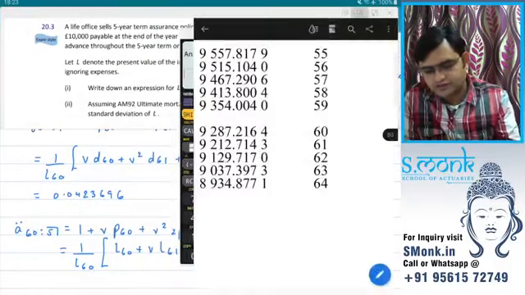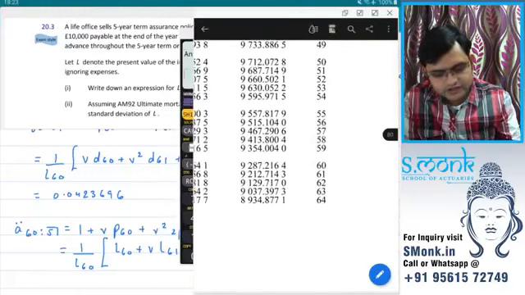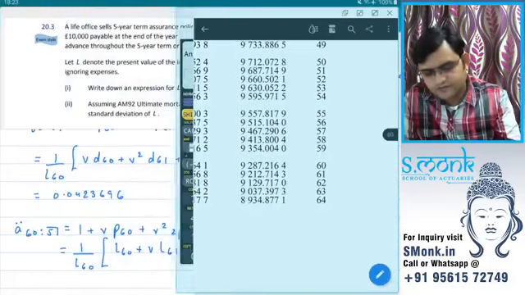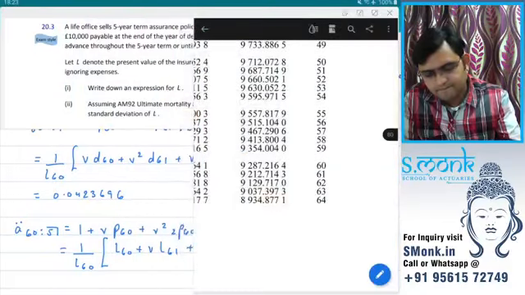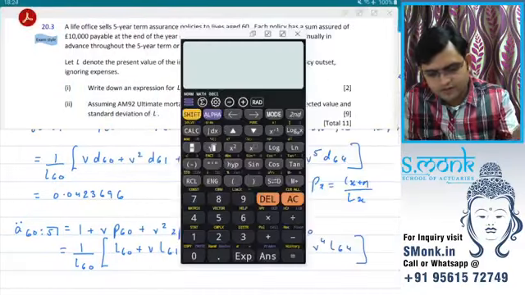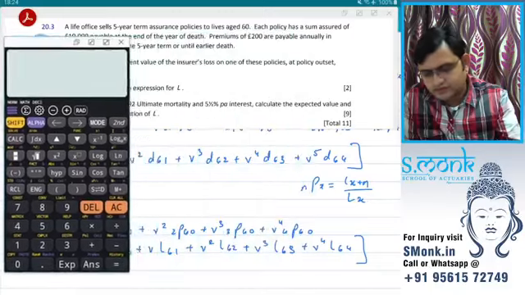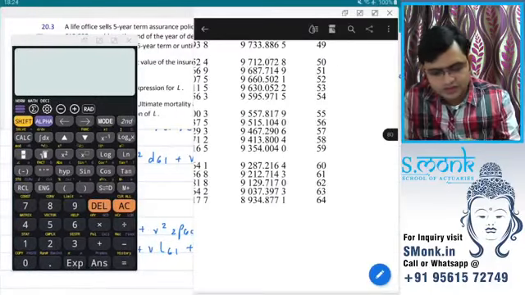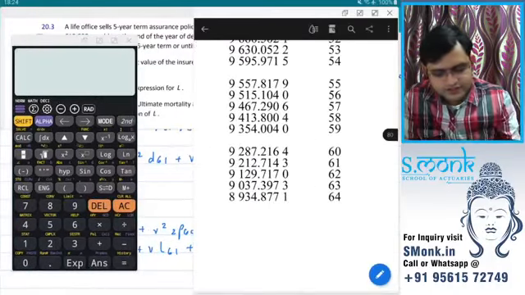First of all, what is our l60? So all l60 to l64 values are here.